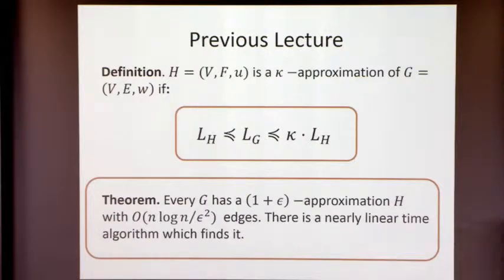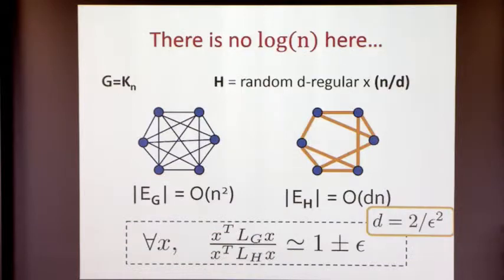And the motivating example for what I'm going to show you here is the first example that I showed you about sparsifying the complete graph, where I took a complete graph and approximated it by a union of a constant number of random matchings. Here it turned out that to get a 1 plus epsilon approximation, the right answer is 2 over epsilon squared degree. And there's no log n here.